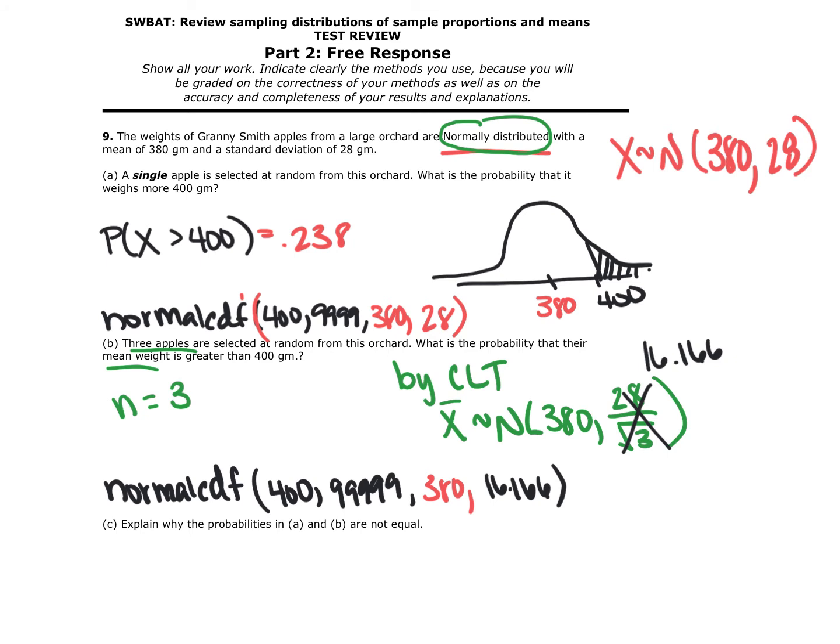So we calculate this value. So writing out this statement, we're going to write out the probability that X bar, because it's a mean of a sample, is greater than 400. That's equal to 0.108. And notice that the probability decreased when you had an actual sample. There's going to be a smaller chance of getting that value because your values should be closer to the actual mean value of the population.